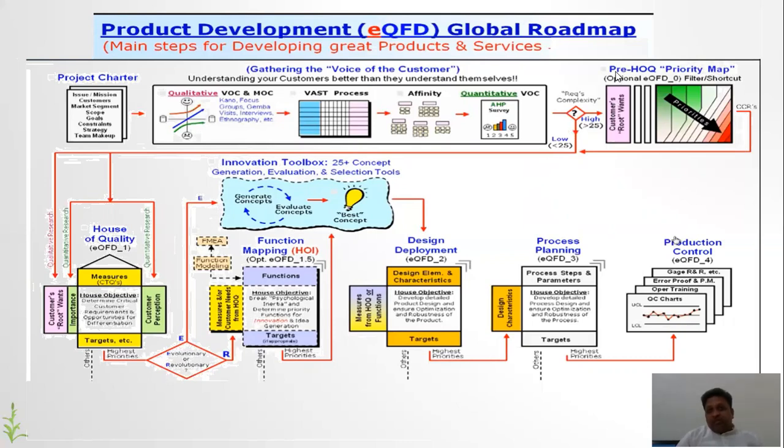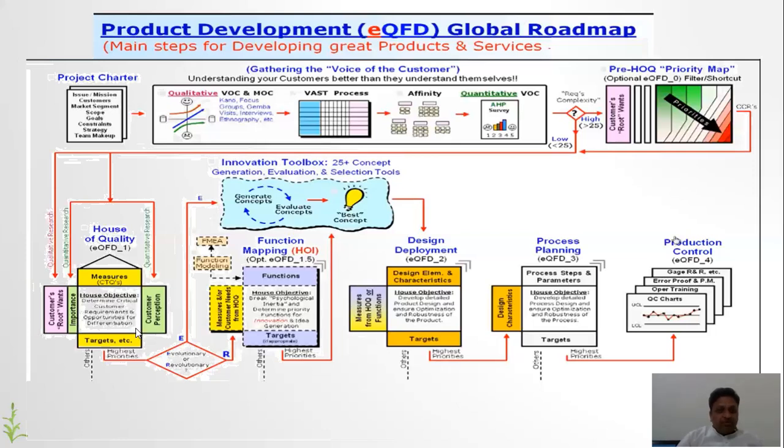Then pre-HOQ, priority map. Innovation toolbox, 25 plus concept generation, evaluation, selection tools with QFD. And customer root wants, house of quality, EQFD formed here.